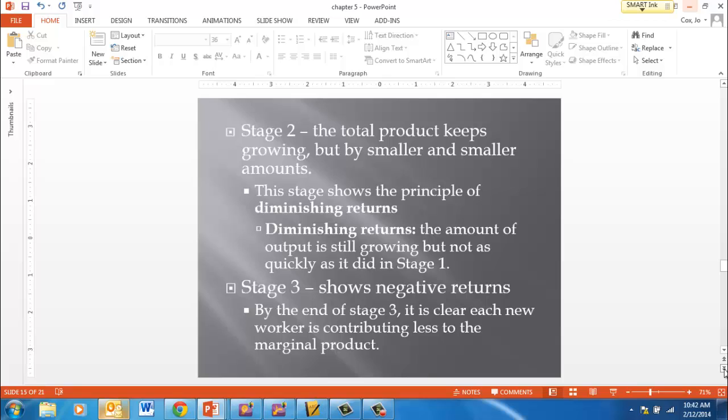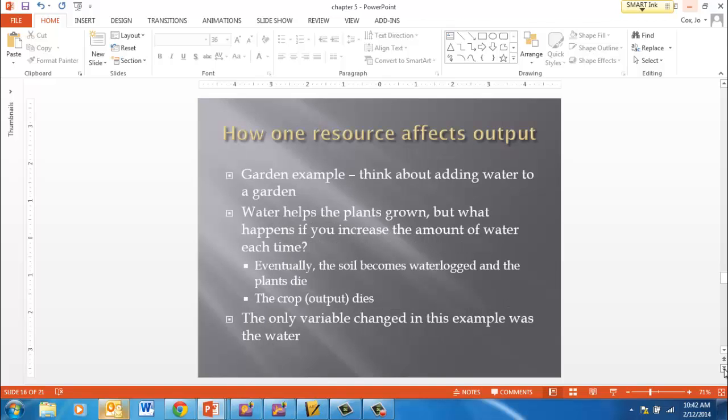So the amount of output is still growing, but definitely not as significantly as it did in stage 1. And by the time we get to stage 3, things are really bad. We are showing a negative return here, and it's clear that by adding a new worker, we are less productive than we were. So this shows where you would not want to add new workers because your production is negative.